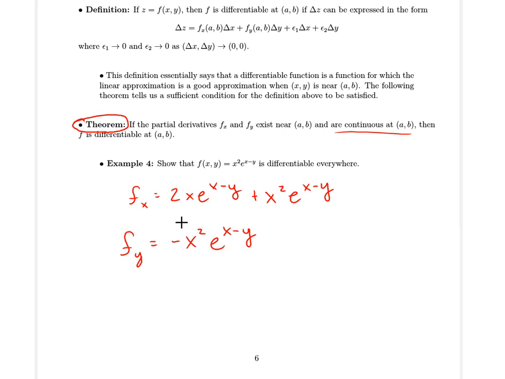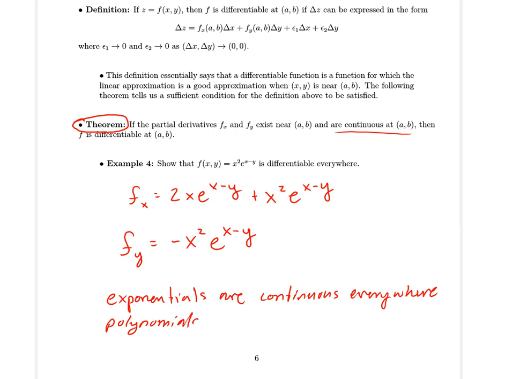I have exponential functions, right? Exponentials are continuous everywhere. And I also know that polynomials are continuous everywhere. And that's all that these functions are made out of. Polynomials, 2x, x squared, negative x squared, and exponentials.